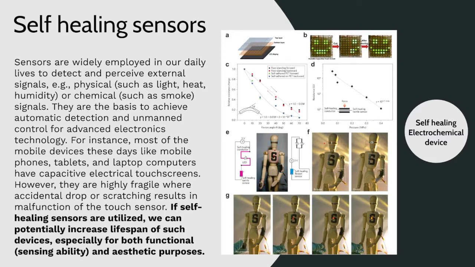So they are the basis to achieve the automatic detections. If self-healing sensors are utilized, we can increase the lifespan of any device that has the sensors, both the sensing ability and the aesthetic purpose of the design.